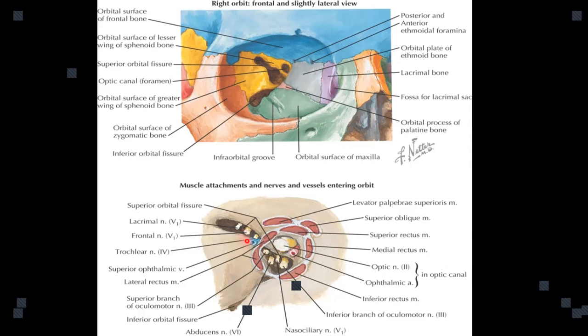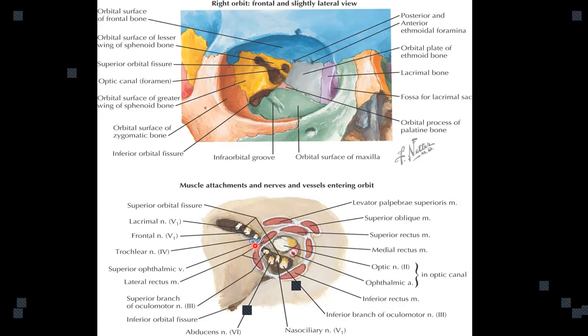So those which pass through the ring include the two divisions of the oculomotor nerve and one branch of the ophthalmic nerve, which is the nasociliary nerve, and the abducens nerve. Okay, those which pass outside include the two branches from the ophthalmic nerve, that is the lacrimal nerve and the frontal nerve, and the trochlear nerve actually passes outside the common tendinous ring.